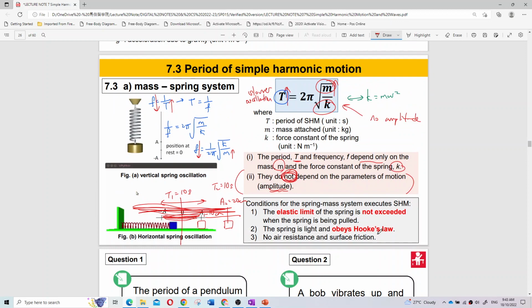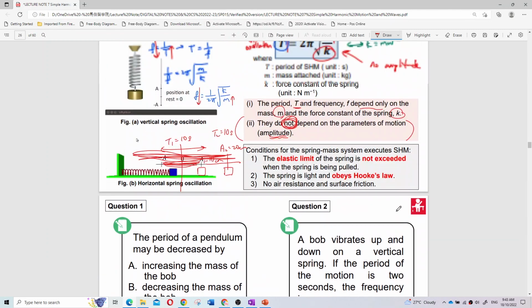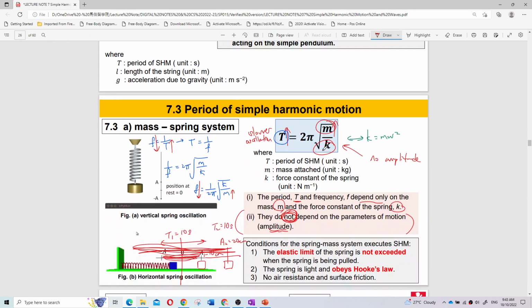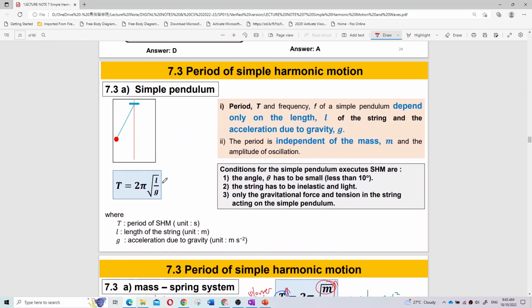Okay, no friction. Okay, so wait, go back to the spring. Tadi spring mass kan, M/K. Kalau pendulum dia L/G. Kalau L/G dia bergantung pada apa? So tadi kata period ialah 1/F kan. So macam ini formula pun boleh tukar kepada 1/F.